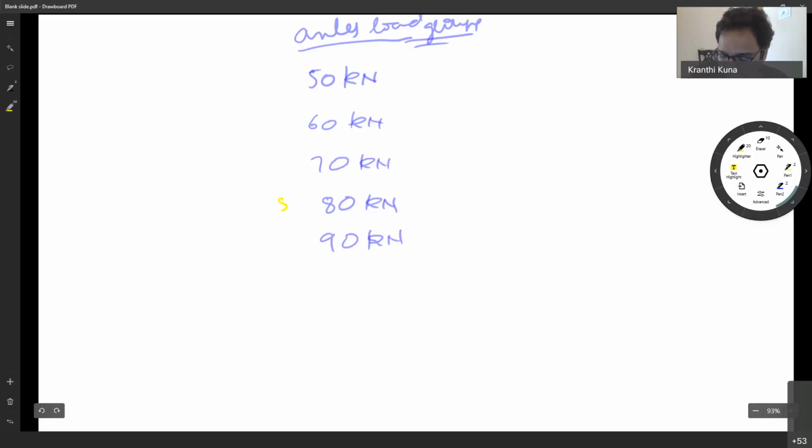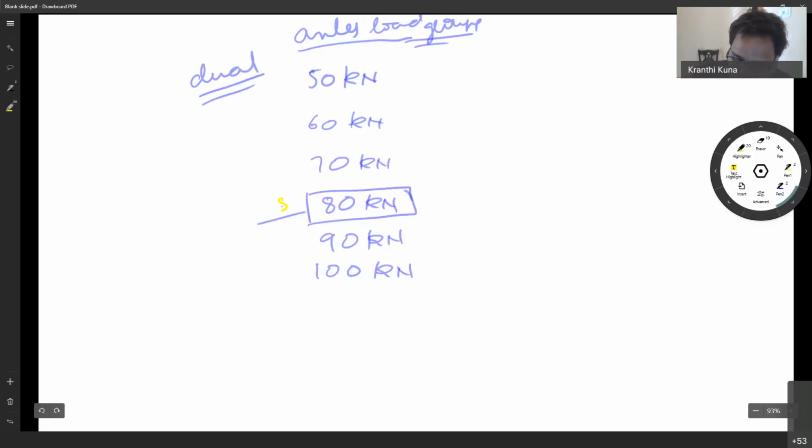I'm just giving you an example. Say these are all different axle load groups. Assume these are dual axles. What we are saying is the 80 kilonewton axle is the standard axle.